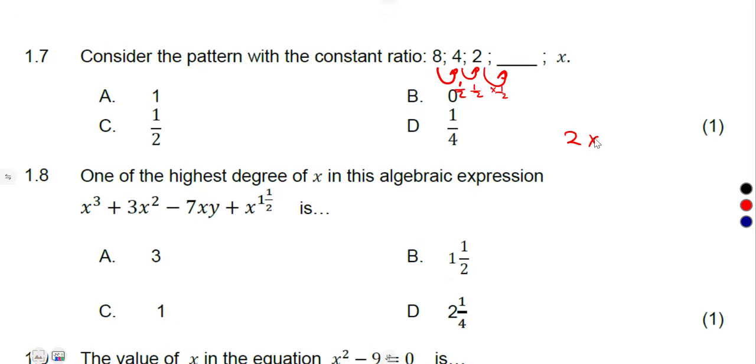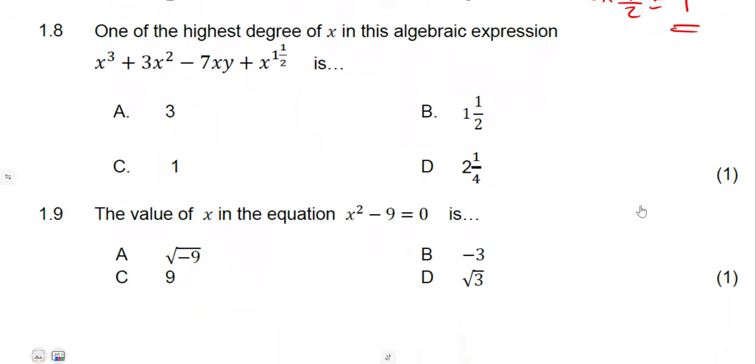So 2 times 1 over 2 is 1. So the next term is 1. So you can also answer this question as finding the next term, which is on A. You could have worked as finding the ratio, which is 1 over 2. In this case, both answers were supposed to be marked because the question is not straightforward. But as for revision, we can just find the next term there.